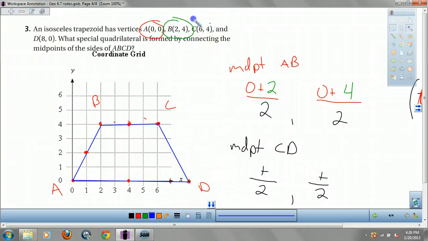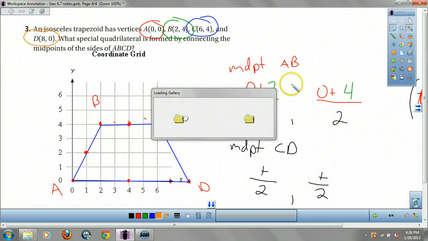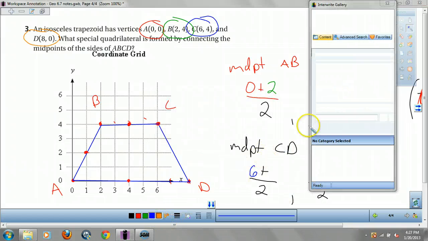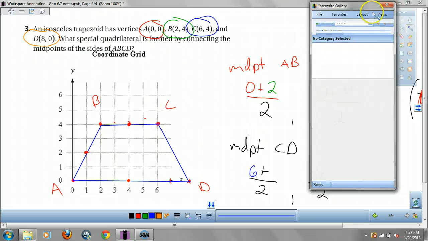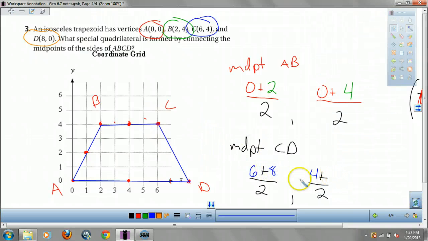C is 6, 4, and then we'll use D, 8, 0. We end up getting 6 plus 8 is 14, divided by 2, 7, and 2.